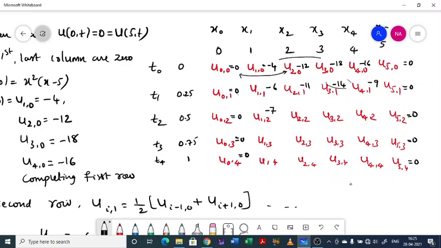Next, come to this: minus 6 minus 14, that is minus 20 plus 12, you get minus 8. Minus 11 minus 9, minus 20 plus 18, you get minus 2. Minus 14 plus 0, minus of minus, so 16 minus 14, it will be plus 2.